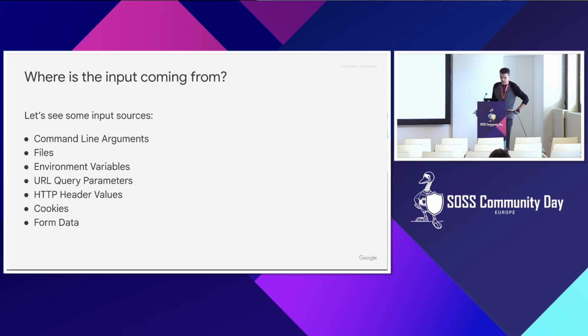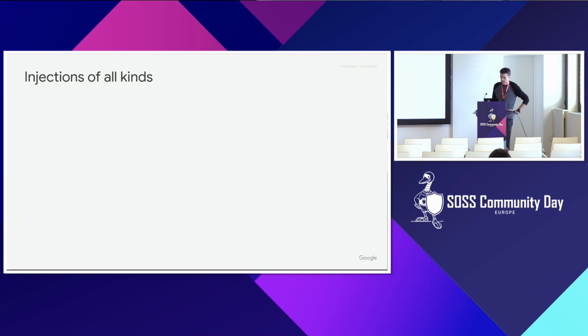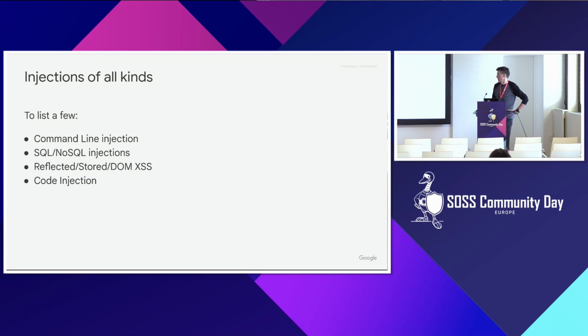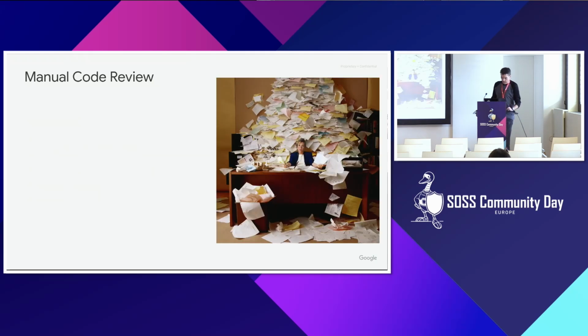So this list is quite comprehensive, right? This can lead to all kinds of injections: command line injections, SQL, NoSQL, and code injection, whatever. So we see that the list of issues is really big.